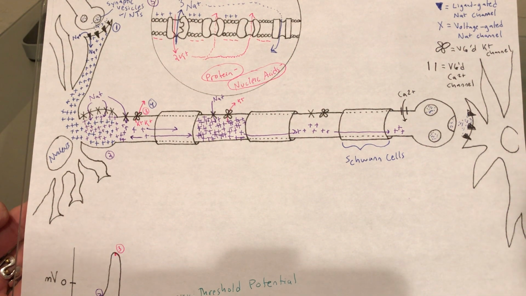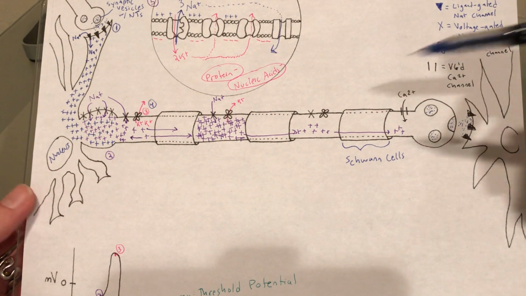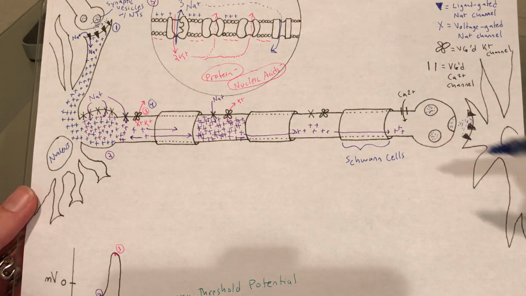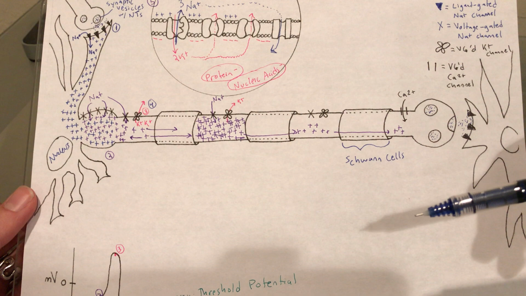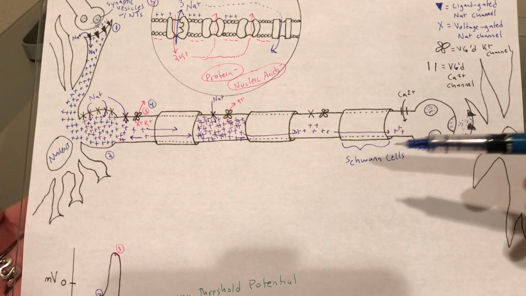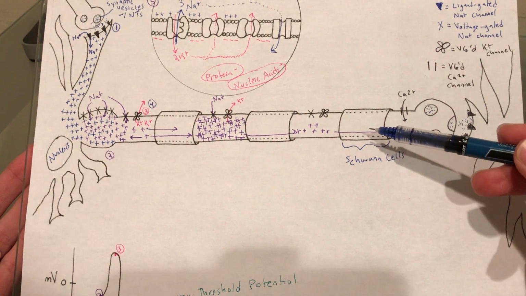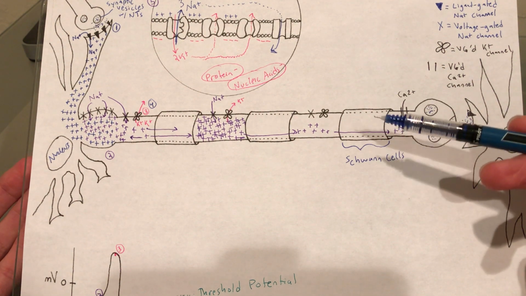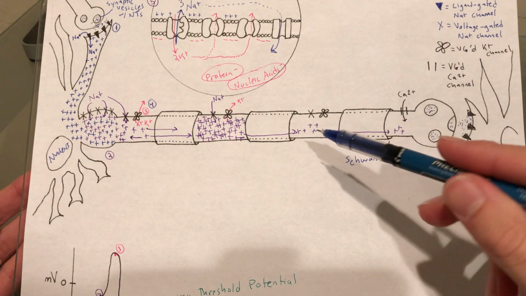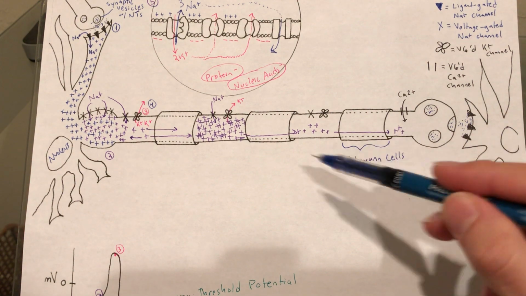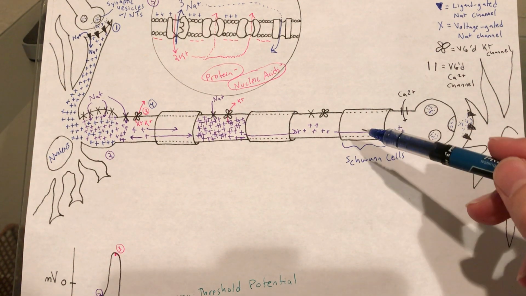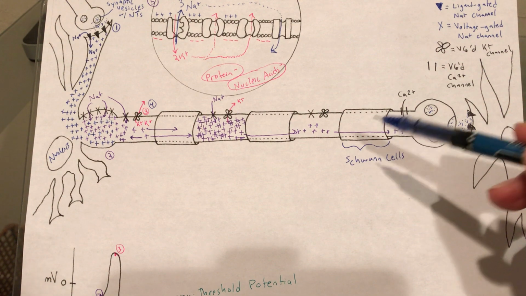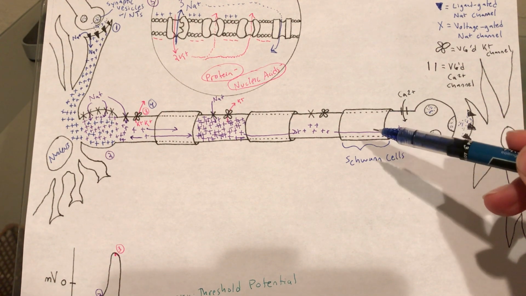And by insulating the neuron, it's going to allow these action potentials to go faster down the neuron than if it was uninsulated. In our body, we do have neurons that are uninsulated or unmyelinated, but that's usually for a specific reason. But for our purposes, let's think of neurons as insulated with myelin, which comes from Schwann cells.